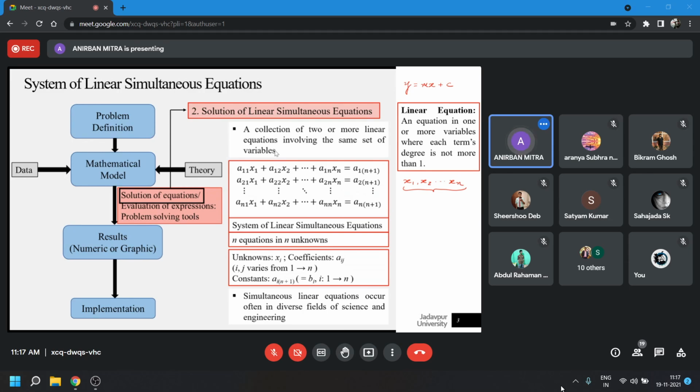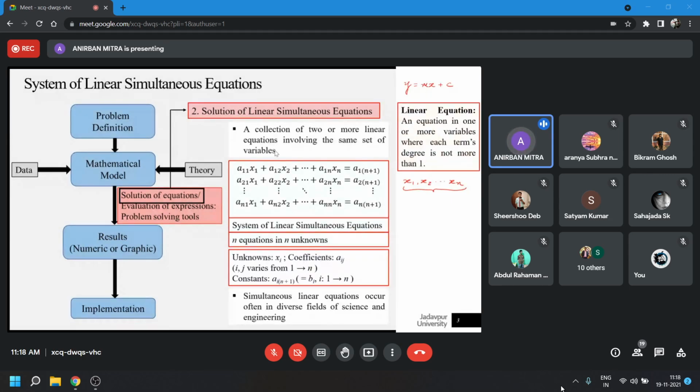So when you get such a system of equations at the end of the least squares fitting step, or towards the end of that step, then you need to solve for those coefficients, regression coefficients, A0, A1, A2, like that.